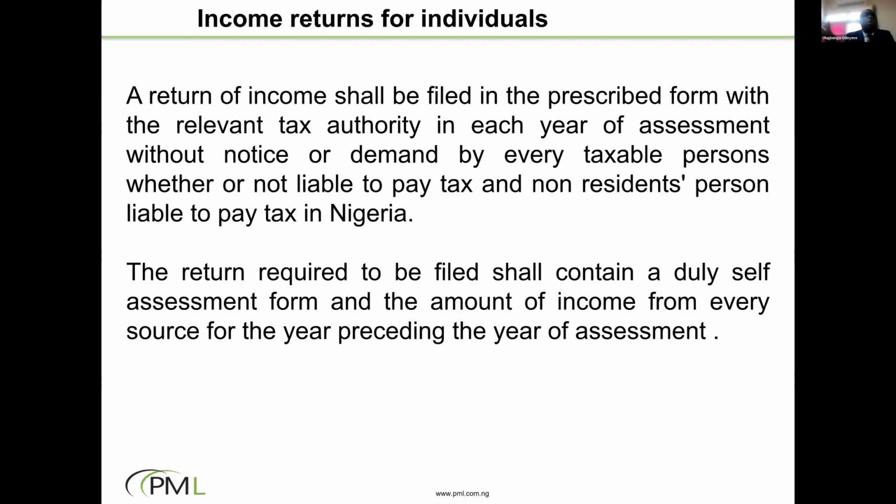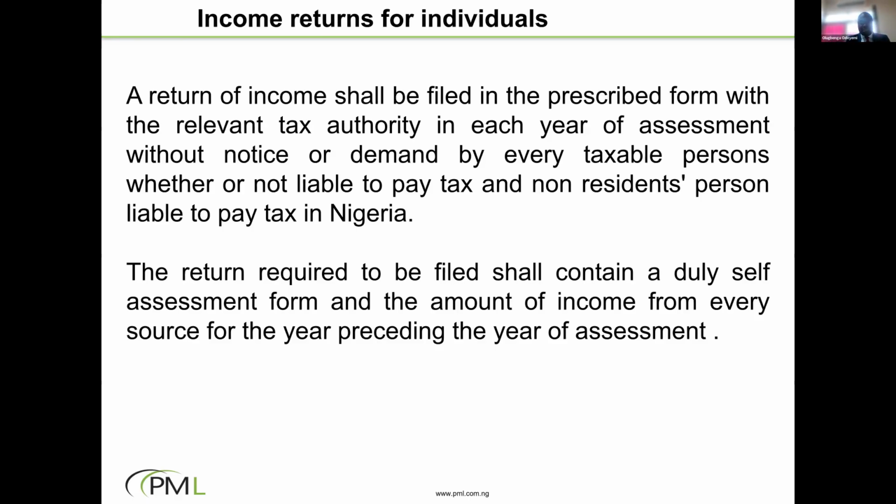Now, let's talk about income from individuals. When Abiola started, he spoke about jurisdiction. He said that individual activities are supposed to be collected by the State Internal Revenue Service and the FCT Internal Revenue Service based on your jurisdiction.